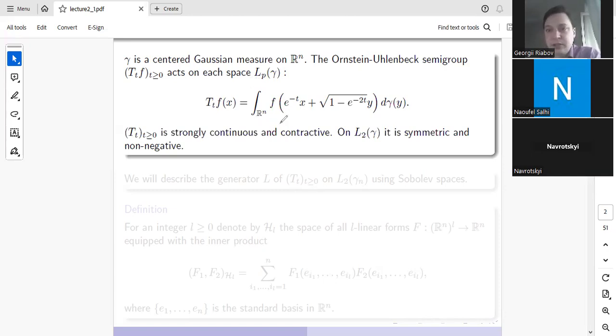This is the integral of f of e to the minus t x plus square root of 1 minus e to the minus 2t y, and we integrate over y. We proved that it is indeed a semigroup in the sense that it sends a function from LP into a function from LP. Moreover, it is contractive.